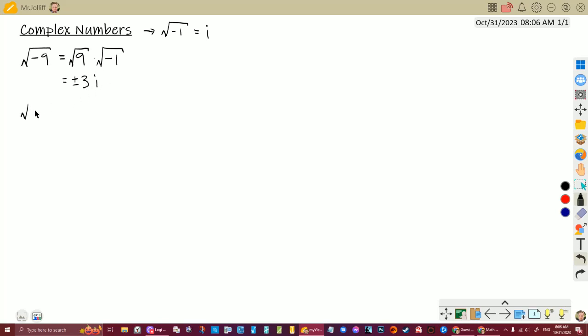So for another example, if I had -25 and I took the square root of -25, I know my answer is going to be plus or minus 5i. The 5 is coming from the square root of 25. The i is coming from the square root of the negative.